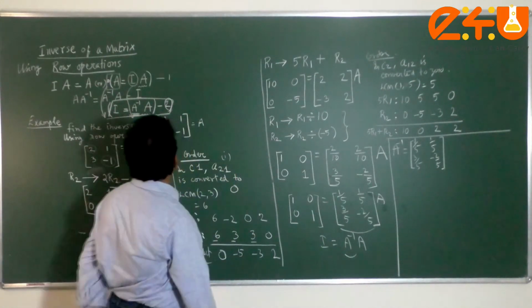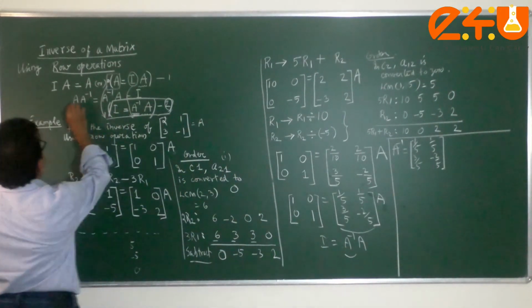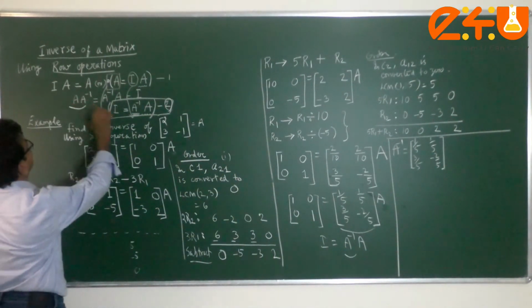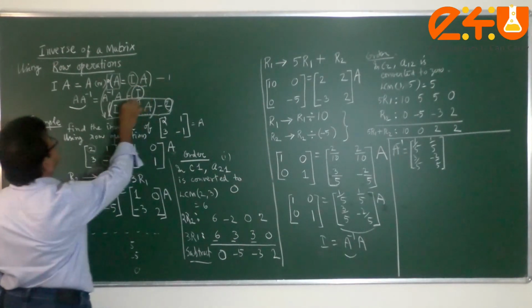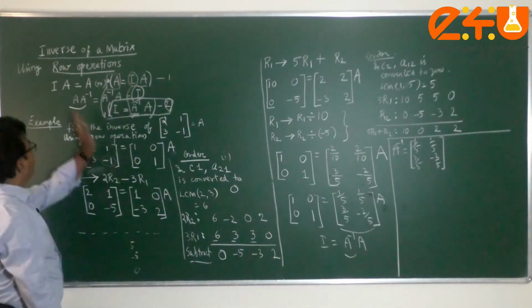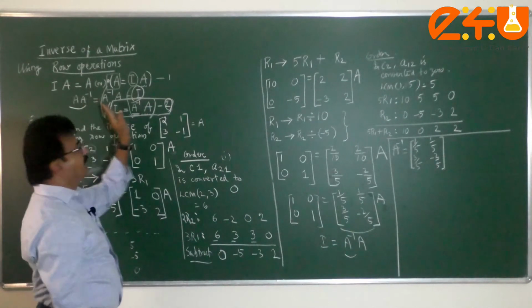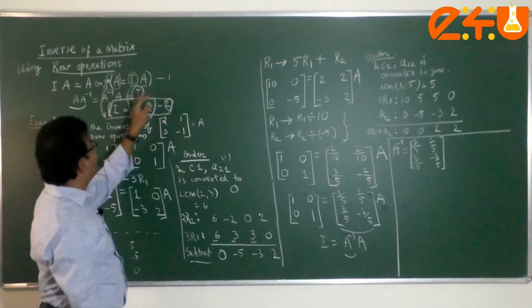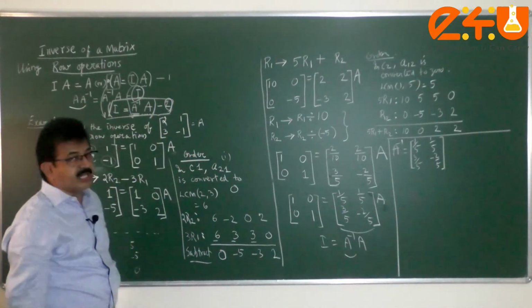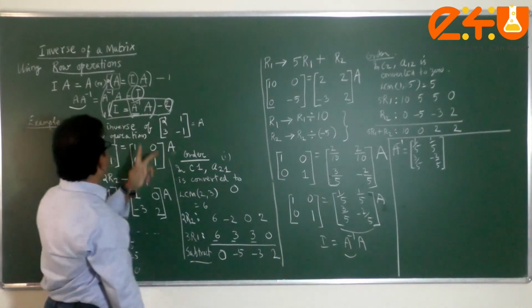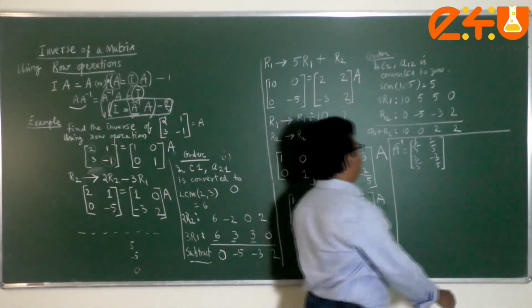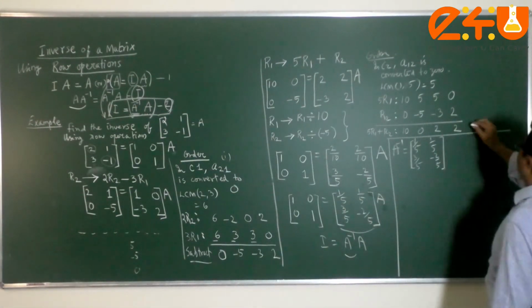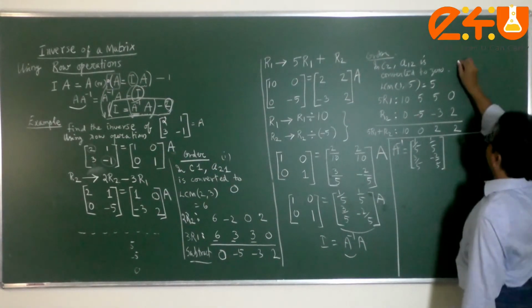How do you verify? A into A inverse, I must get the I matrix. Whether I do A into A inverse or A inverse times A, I am supposed to get I. A inverse is already present. So why not I take the matrix A, or I can do it in the rough column.